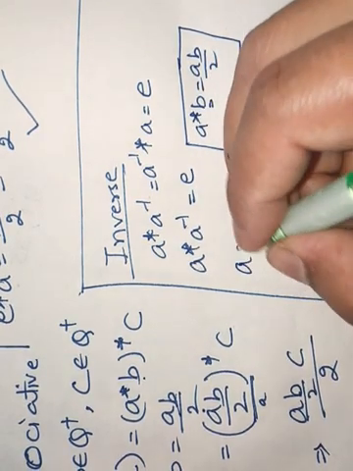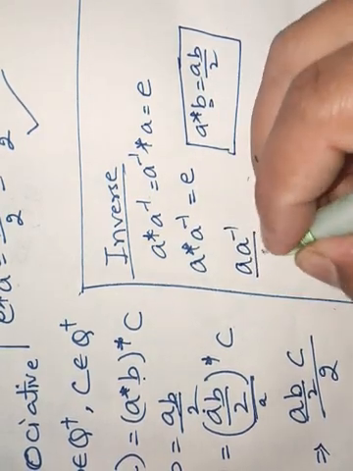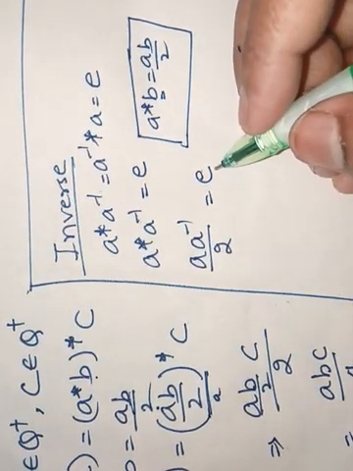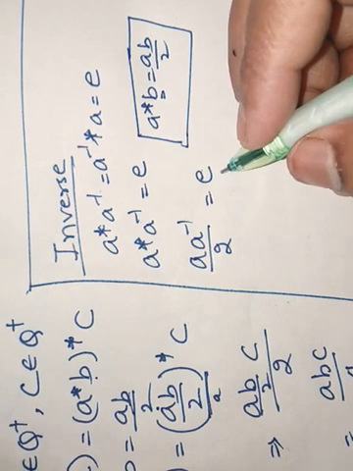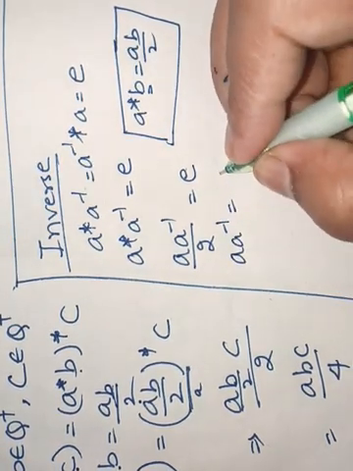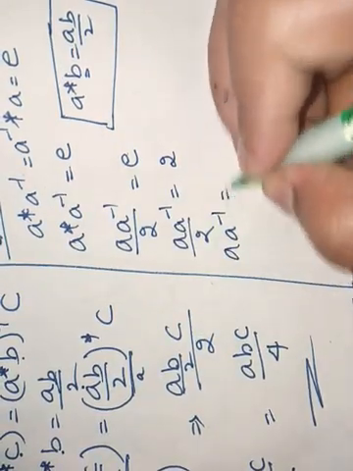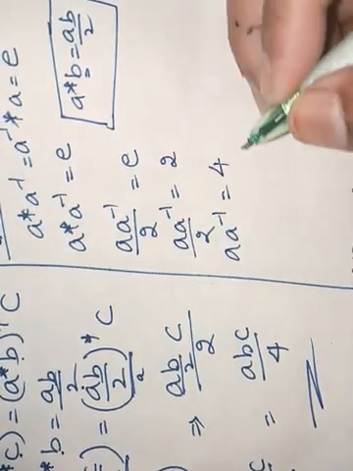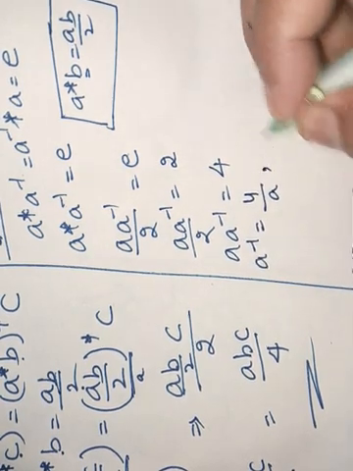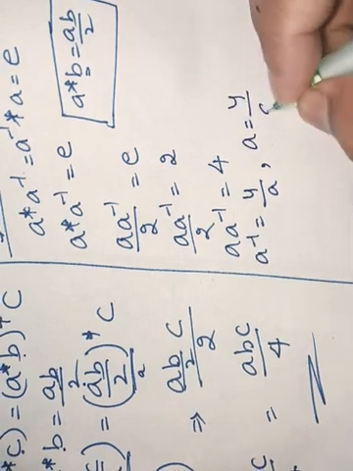So I can write A times A inverse by 2 is equal to E. What E value did we get from the previous step? We got the E value as 2. So I am substituting A times A inverse by 2 is equal to 2. So A inverse is equal to, this 2 I am sending there, I will get 4 by A. So A inverse is equal to 4 by A.